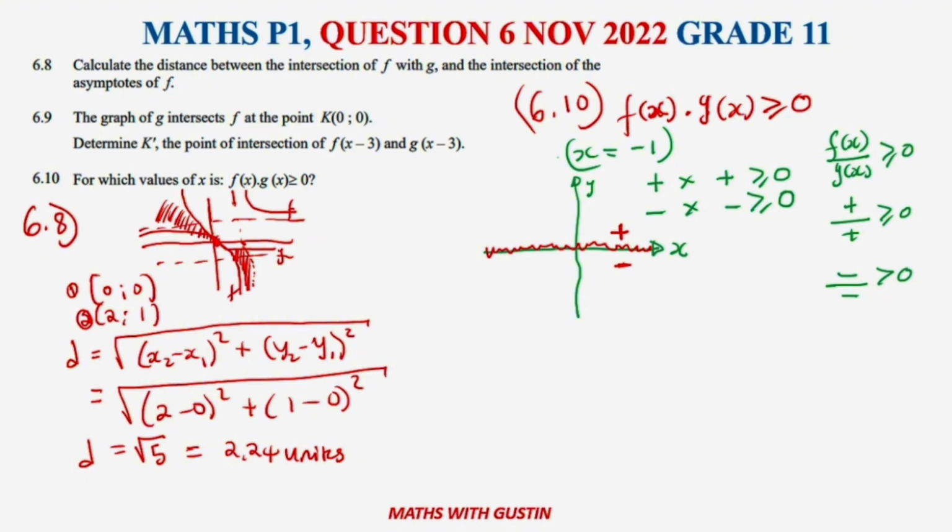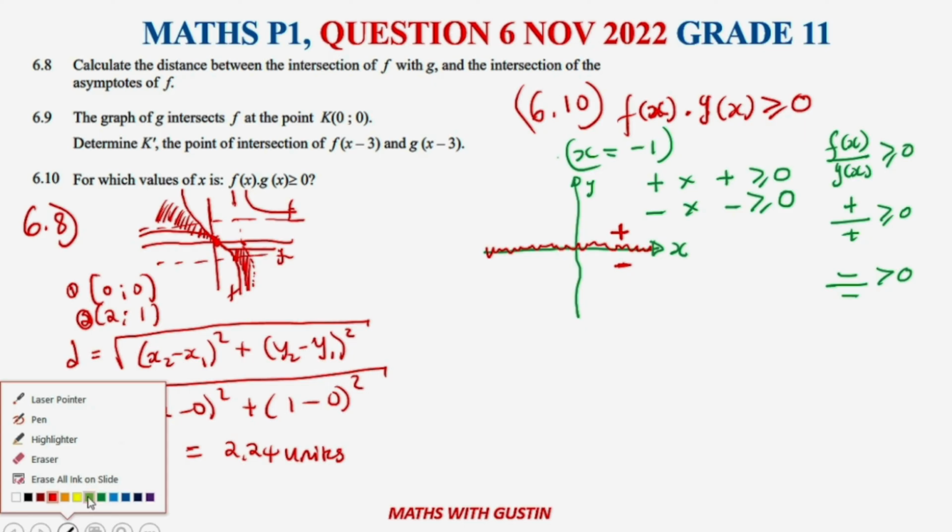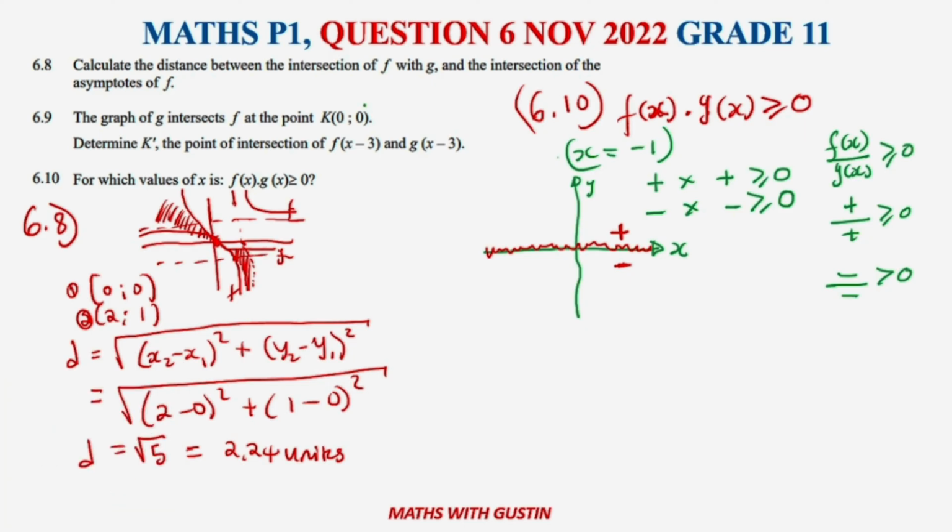I should have used a different color to illustrate what I'm saying. This is 2. Therefore, here you've got 1 as a line of asymptote. Anything here, both of these functions are negative. Do you agree? Yes, guys, because they are all below the x-axis.